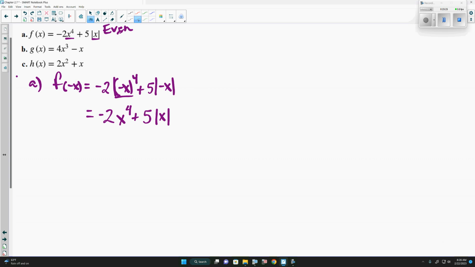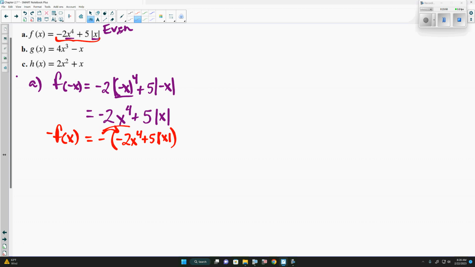Now, if we wanted to test if it's an odd function, we need to find out what negative f of x is. Negative f of x, all that's saying is that we have negative 1 times the function f of x. Well, our function f of x is negative 2x to the fourth plus 5 times the absolute value of x.